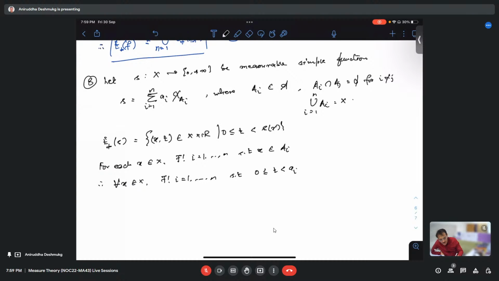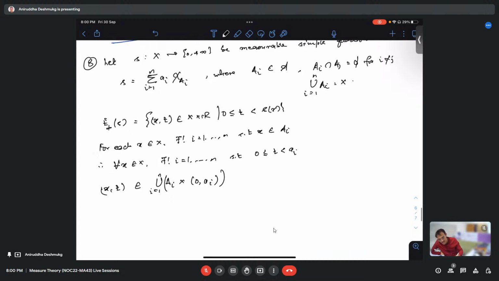And therefore, what I can say is that (x, t) is inside this union, i from 1 to n, of A_i cross [0, a_i), because once we start with anything here, t is less than a_i for some a_i, and for that i, small x is inside capital A_i. Therefore, E lower star S is contained in this union.